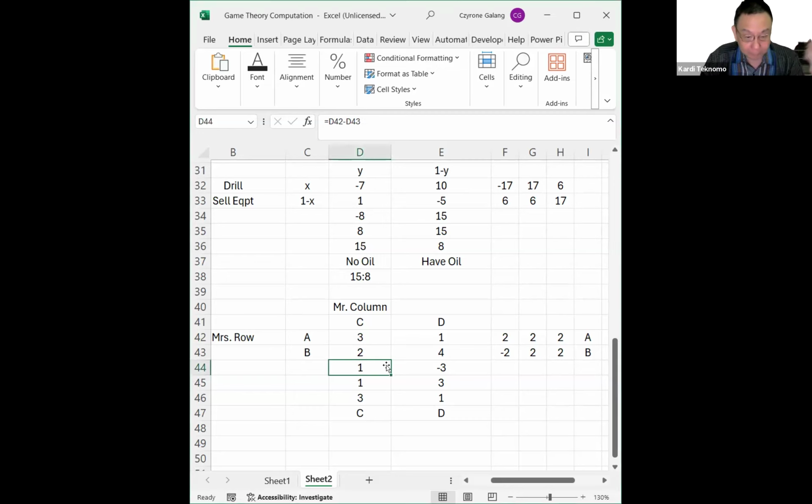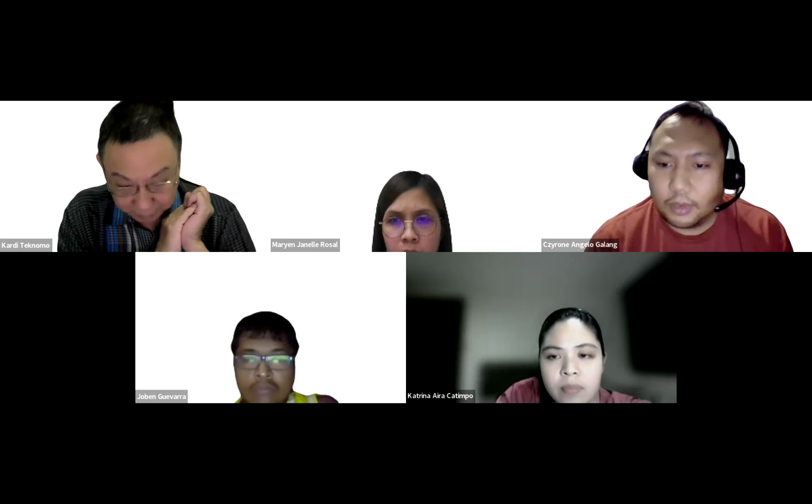From the example earlier, we get the difference, then the absolute value, and then reverse them. Correct. So the odds are 3:1. Then this one, same process, they have the same odds. So either 2 and 2 or 1 and 1. It's the same. And then what is the game value?